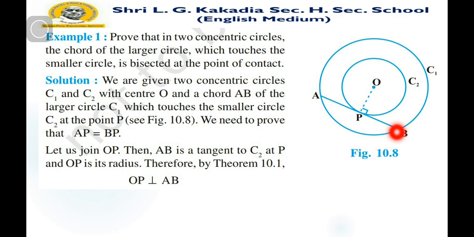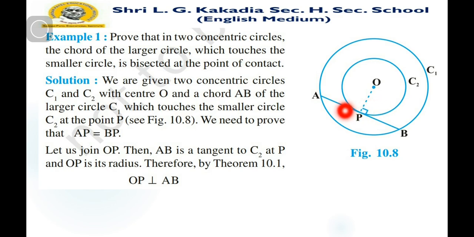For that, you can see that AB is a tangent of C2 and OP is a radius of C2. So here we can see that AB is perpendicular to OP as by theorem number 10.1.